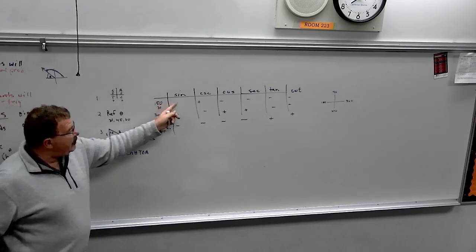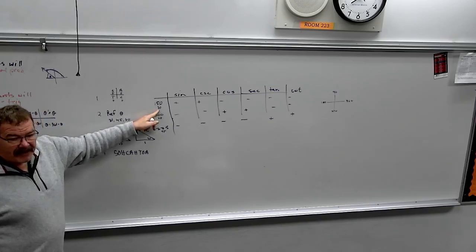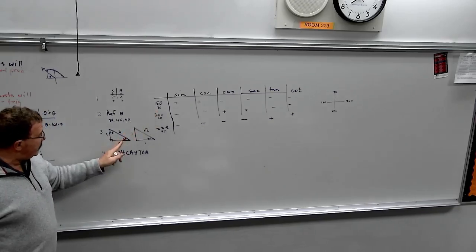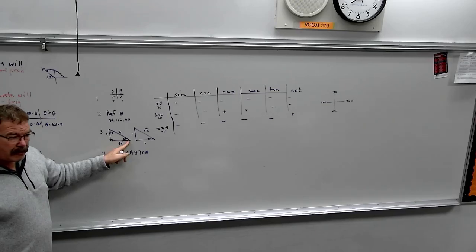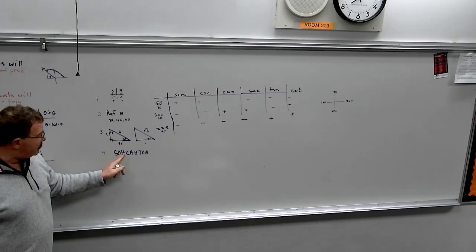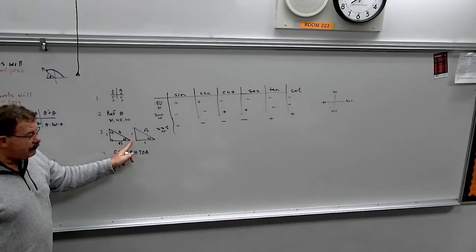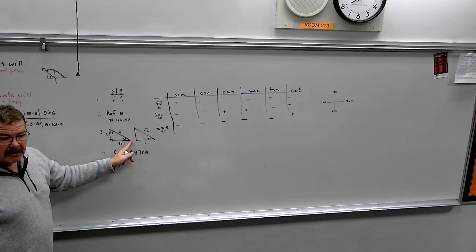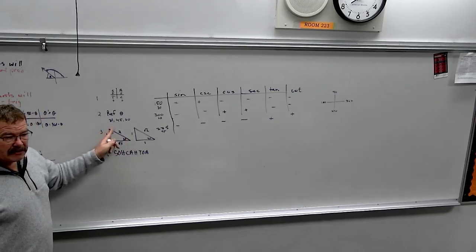So we've already calculated the sines. We found our reference angle, 30 degrees. Now we just go to our triangle and we go to work. We know that sine is opposite over hypotenuse. What would be the opposite of 30? 1. And what is the hypotenuse? 2.